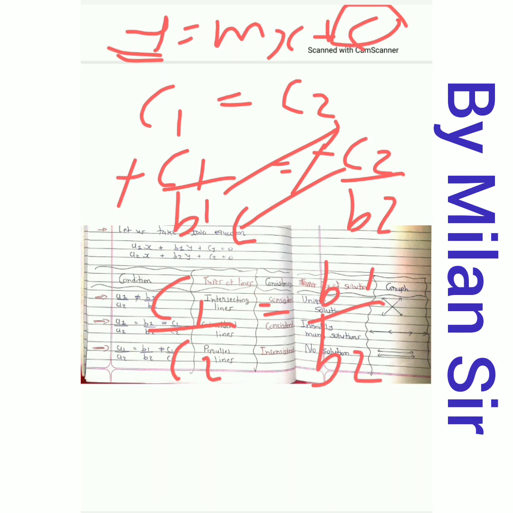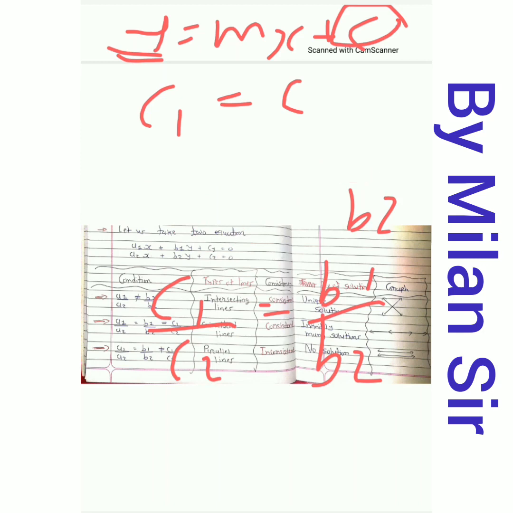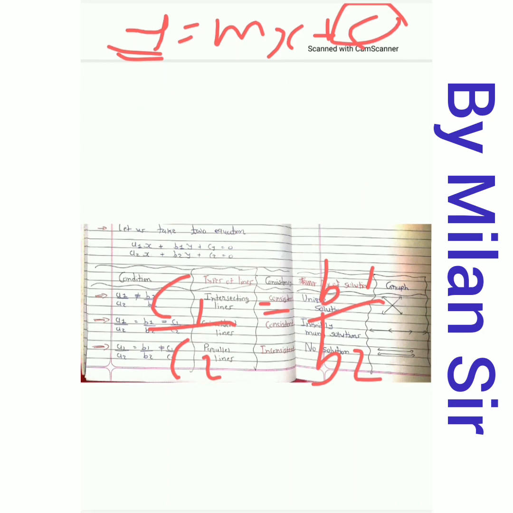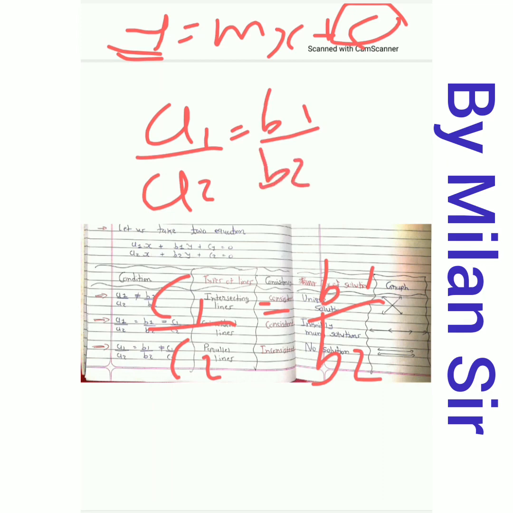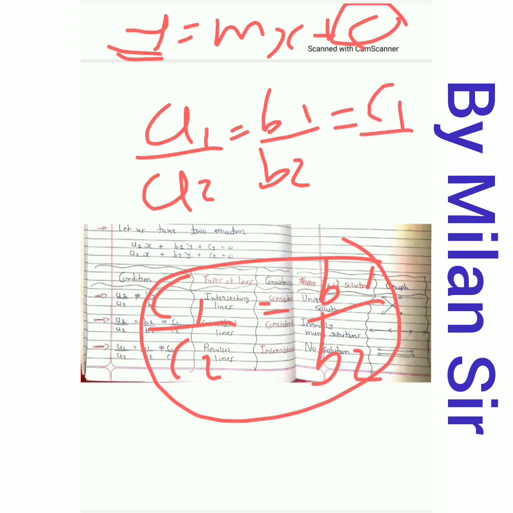So what is the alternate condition for coincident line? First, we noticed one thing earlier. For same slope, a1 upon a2 is equal to b1 upon b2 in parallel line and coincident line. In both these cases, we have same slope. So a1 upon a2 is equal to b1 upon b2, but if it is also equal to c1 upon c2, then this is coincident line because intercept c is also same.